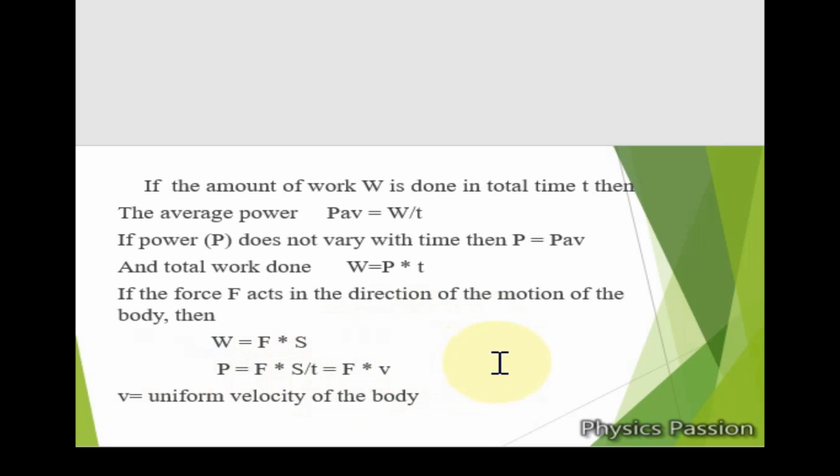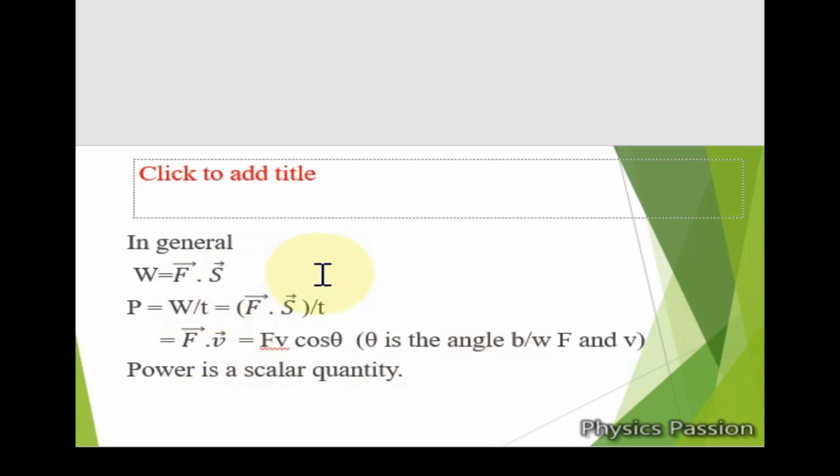Further, in general, we know that work is equal to the dot product of force and displacement. If I write power, then power will be equal to W upon T, work upon time, or F dot S divided by T. Now S by T again is equal to V, velocity of the body. So P is equal to F dot V or FV cos theta.